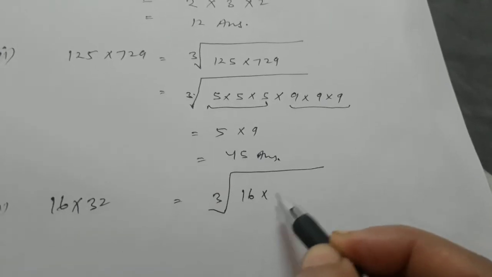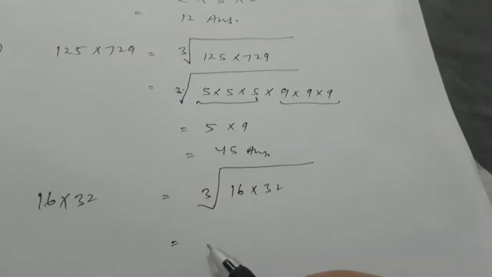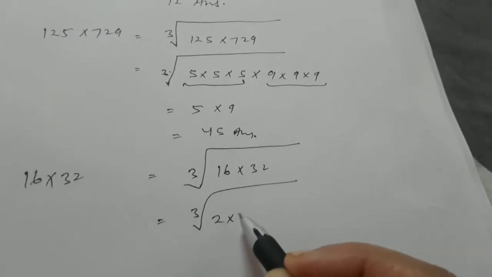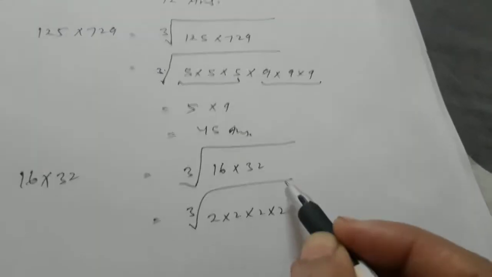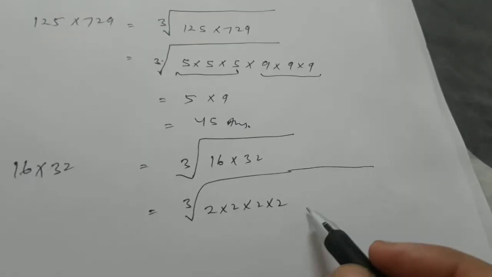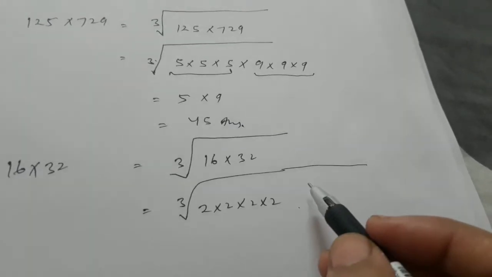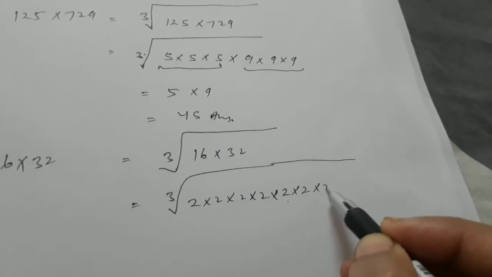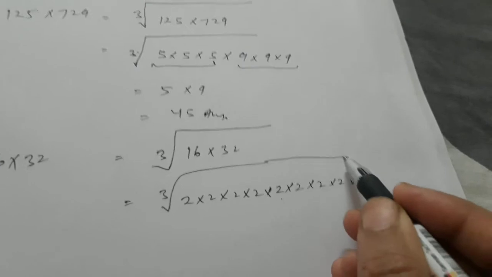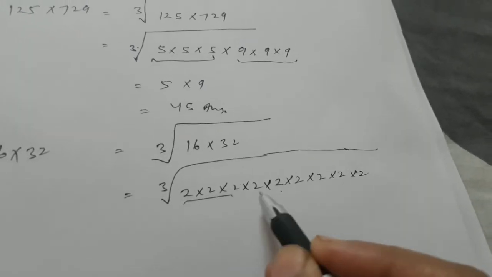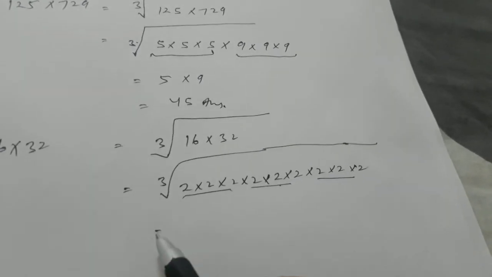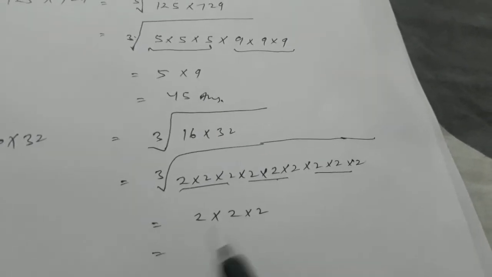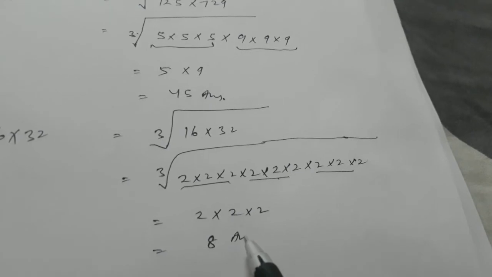So 16 into 32, that is 2 2s are 4, 2s are 8, 2s are 16, and 32 is 2 2s are 4, 2s are 8, 2s are 16, 2s are 32. Now pairing the number 2 into 2 into 2. So 2 2s are 4, 2s are 8 will be our answer.